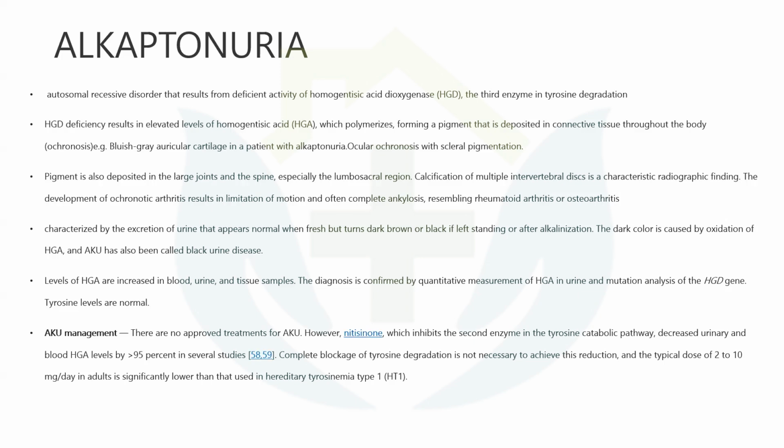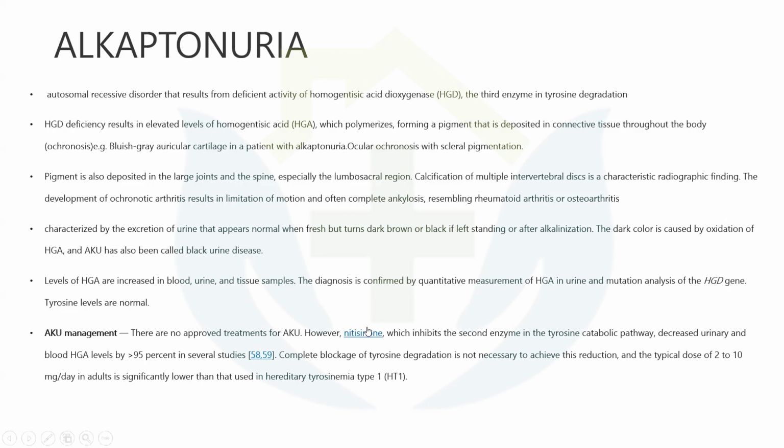When this homogentisic acid polymerizes, as more molecules join together, it forms a pigment. It is mainly deposited in connective tissue and cartilage, in the joints, and sometimes even in the eyes, in the sclera itself.